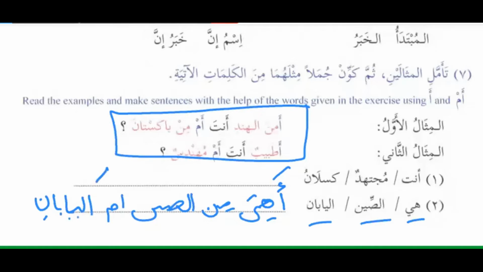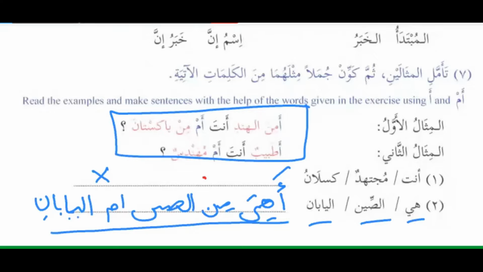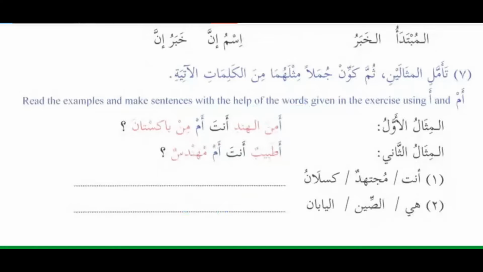But this framework is wrong. The way I wrote it is wrong. Why? Because as I told you, the emphasis will be put on min as-sin, so it will come at the front. So we will say amin as-sini, am minal yabani. We have to do it like this.